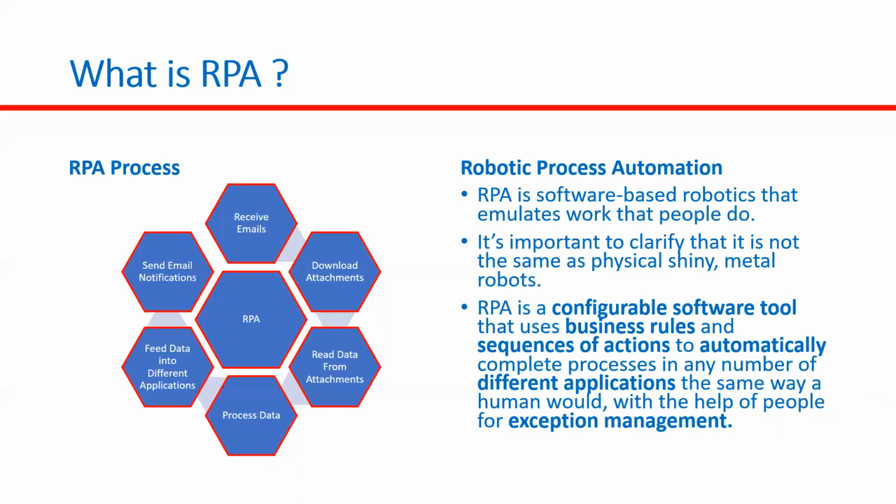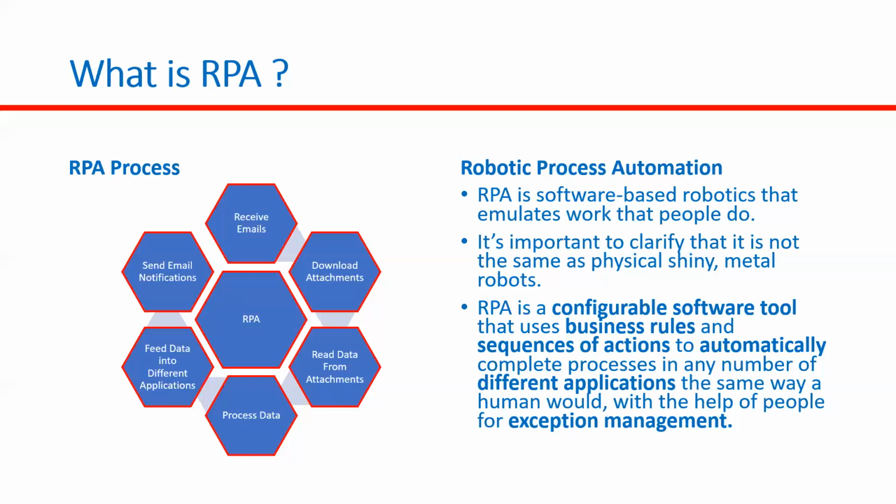So maybe it will extract the information, and it will parse the information into the required format, and then it will feed those data into other applications. Maybe we will be entering those data into the SAP application or any other CRM applications. All that the bot does.